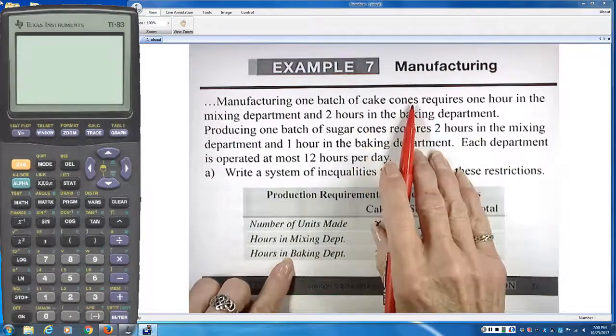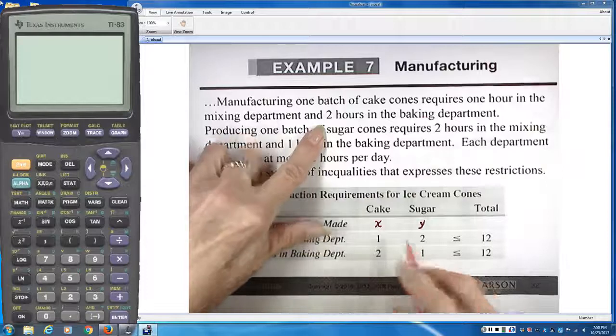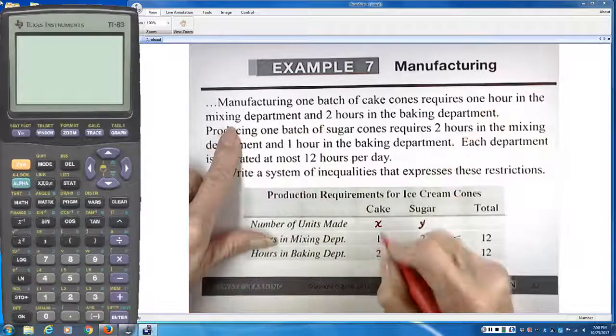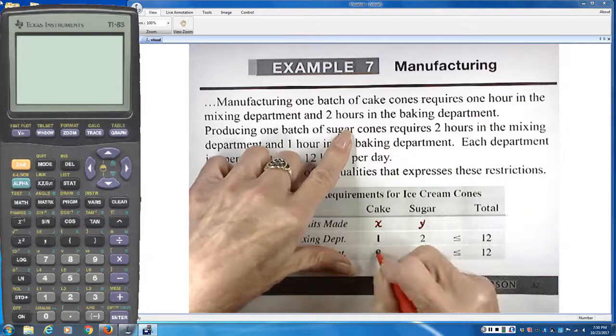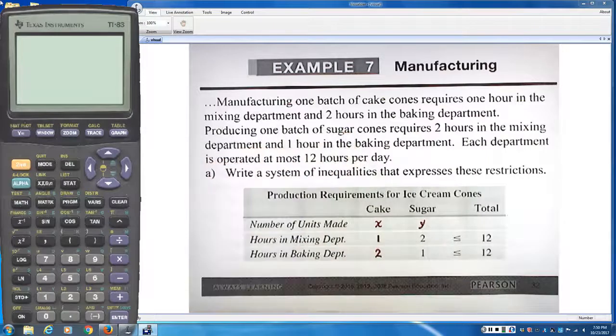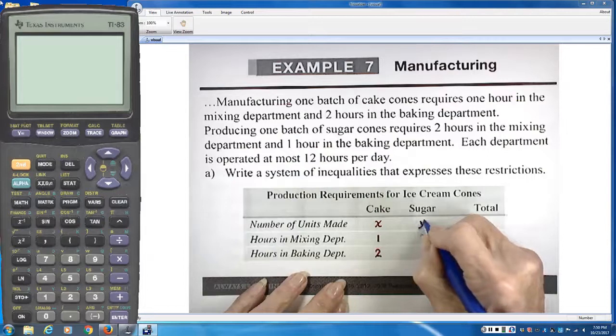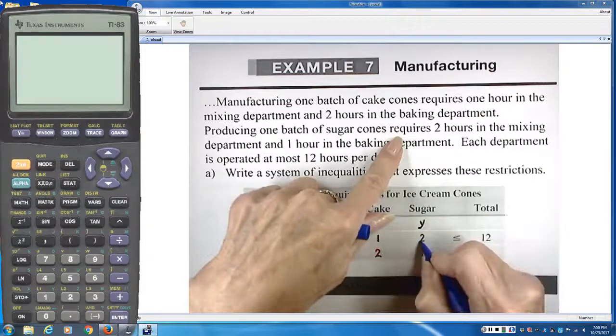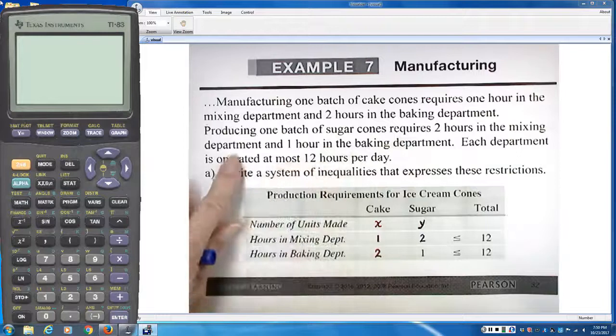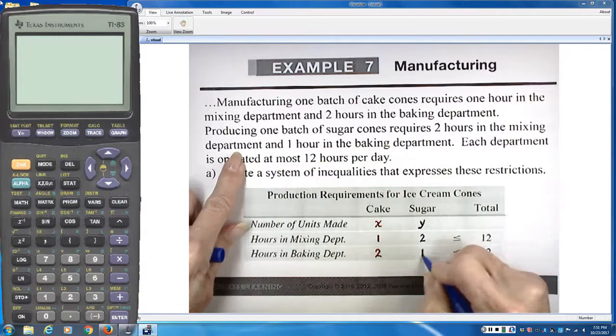So for the cake cones, we need 1 hour in the mixing department, which is this one, and 2 hours in the baking department, which is that 2. And then for your sugar cones, which is the Y, they take 2 hours in the mixing department and 1 hour in the baking department.